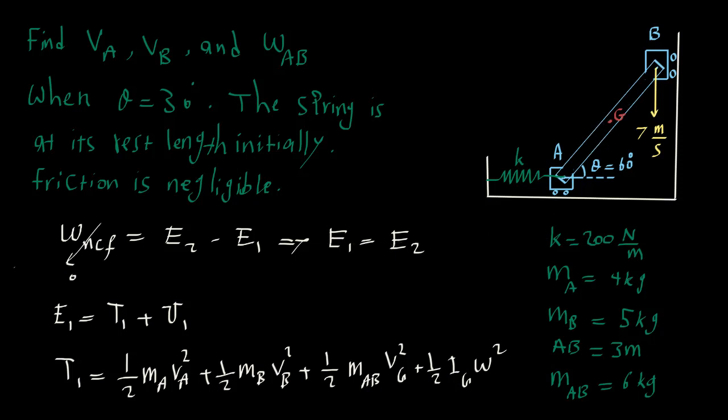To find the instantaneous center of rotation, we said that if we have the velocity of two points on a rigid body, and we draw lines perpendicular to those velocities, the intersection of those perpendicular lines is the instantaneous center of rotation. So here I know that the velocity of point B is in the vertical direction, so perpendicular to it would be the horizontal direction.